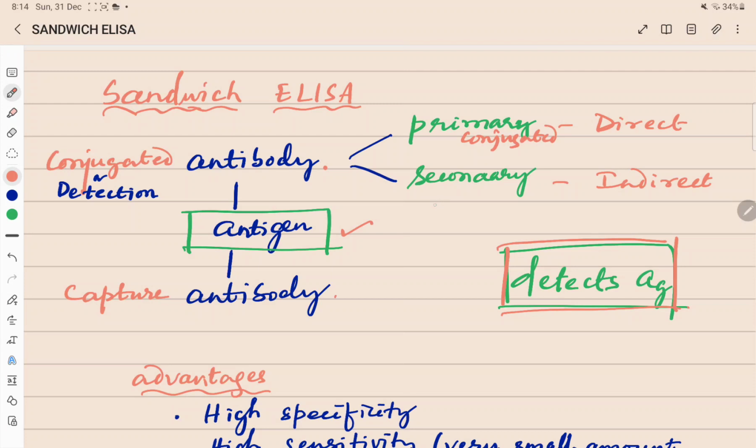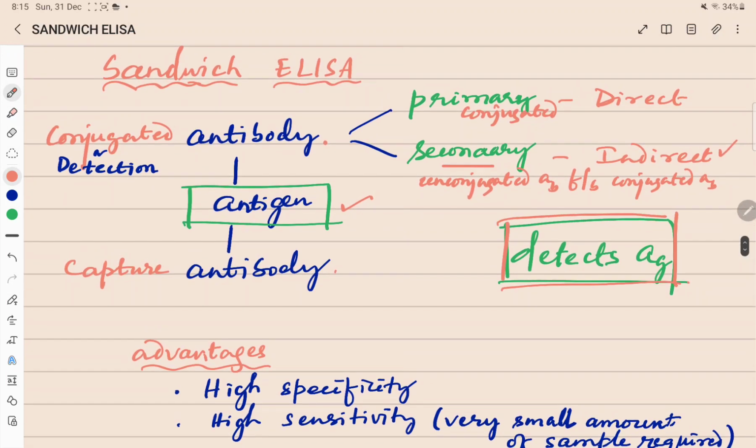And if it is unconjugated, then first the unconjugated antibody, then we have to add the secondary antibody. So two antibodies we will use here, one unconjugated antibody followed by a conjugated antibody. If we use two antibodies, then that is indirect.